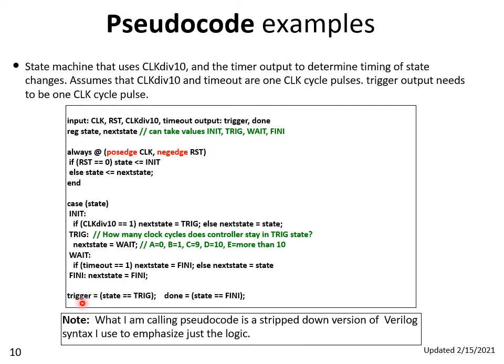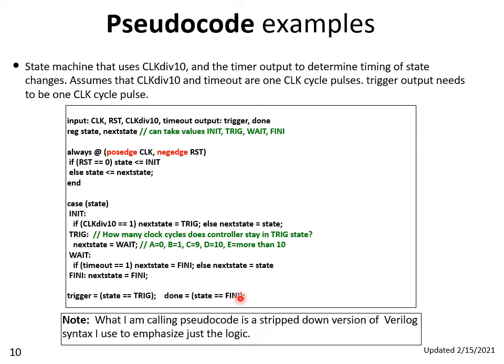Okay, output logic is really simple. Trigger is asserted, or it's true, when the state register value matches the state code for trig. Done is asserted when the state value matches the state code for fini. So that's what the pseudocode looks for.